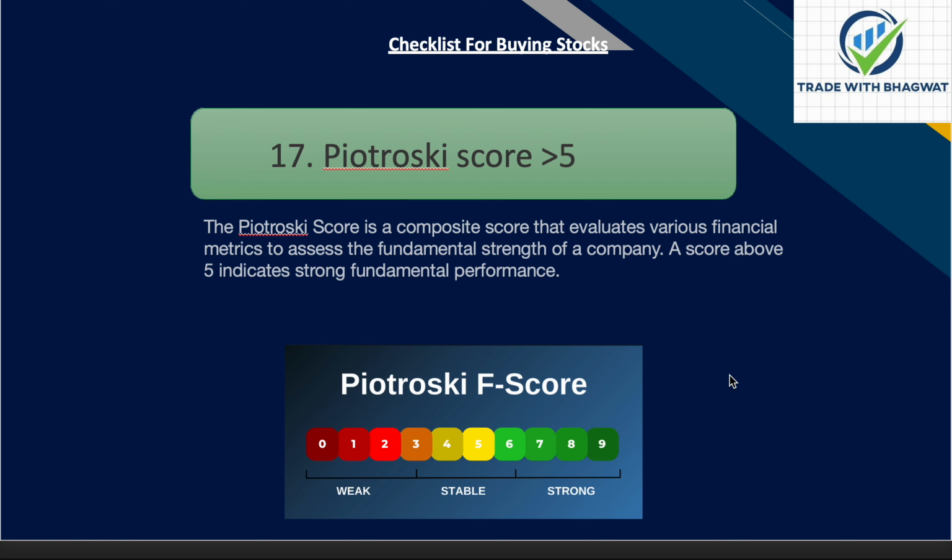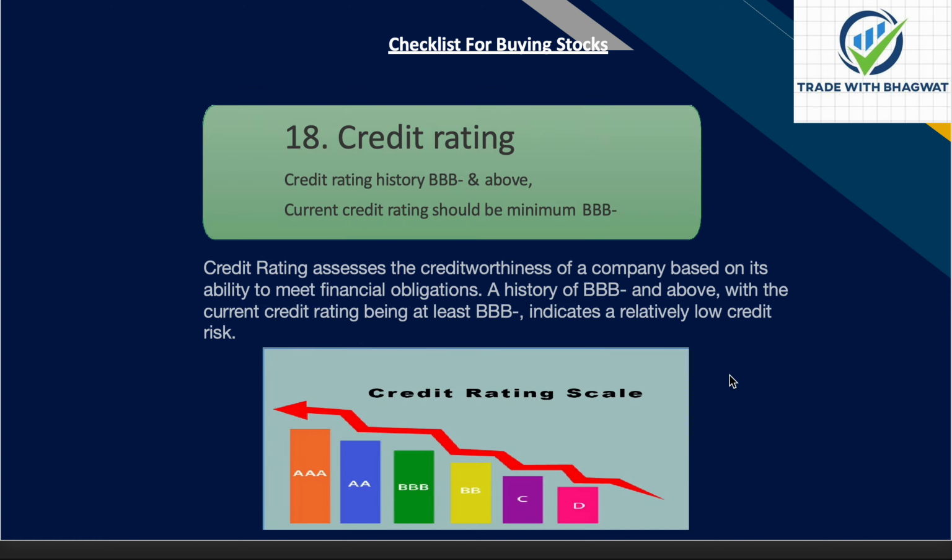All right, next one. What is the next one? Oh, you might be wondering what it is. It's credit rating. Simple. You might have heard about different credit agencies, depending on the country you are living in, maybe UK or India or all over the world. Every individual has scores like a credit score, maybe CIBIL, TransUnion, or Experian. The same goes for companies.